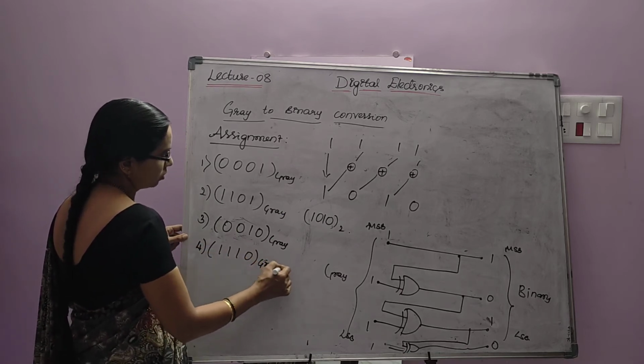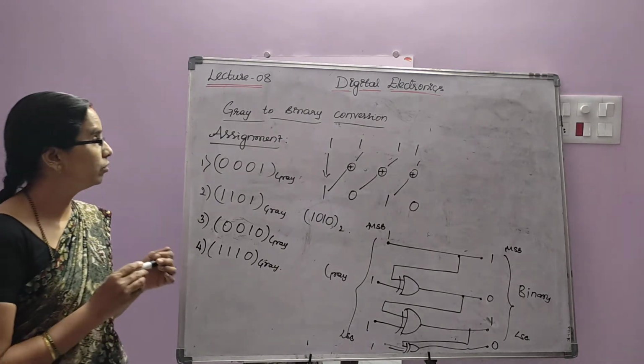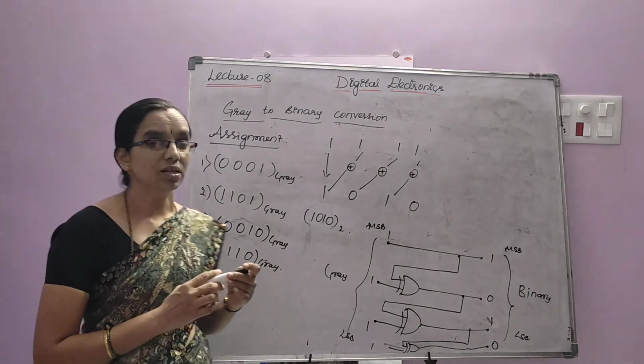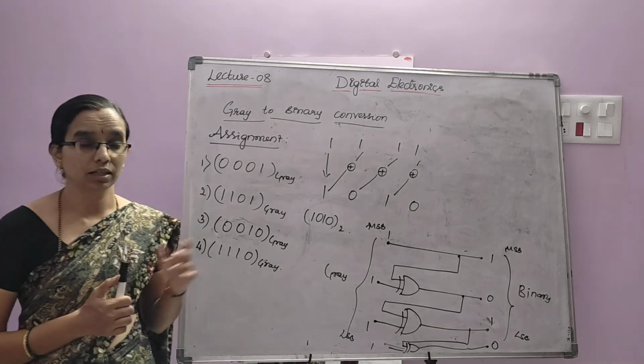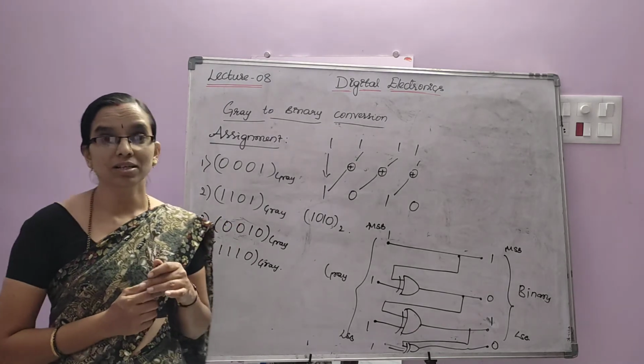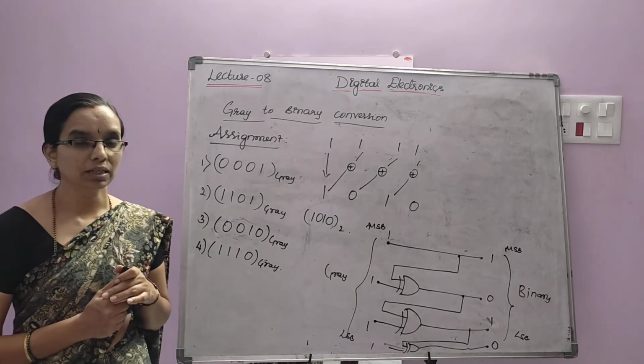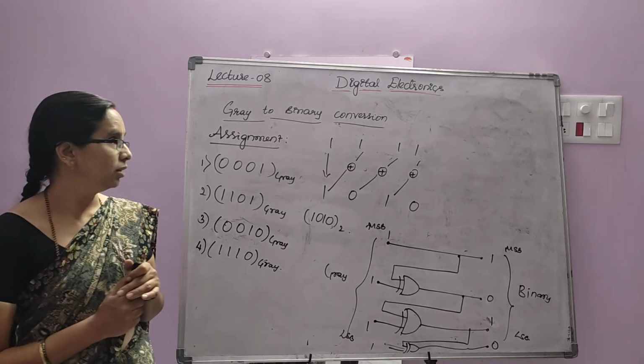These are the 4 problems that we have to solve, and also implement the XOR gate. Implement them using the XOR gates. Okay. Any doubts, text me.